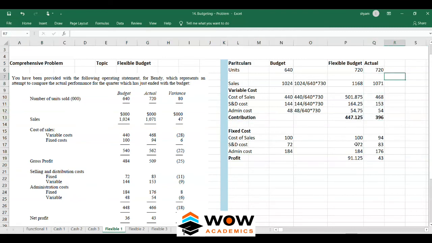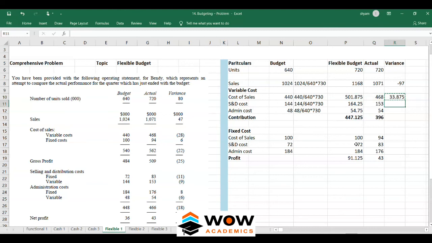See, the problem is in terms of the variance. So variance is the difference. See, it should have been this number, but it is this number. So 97 sales is lower, and in terms of cost of sales, it should have been this number, but it is a lower number, so that is good.